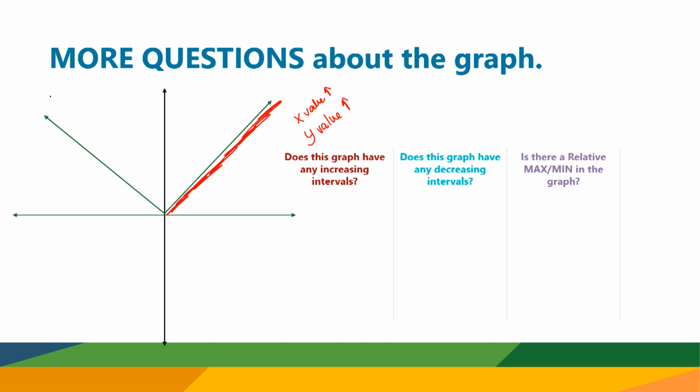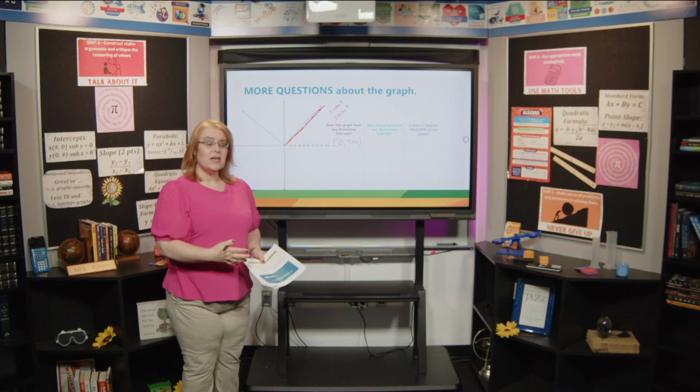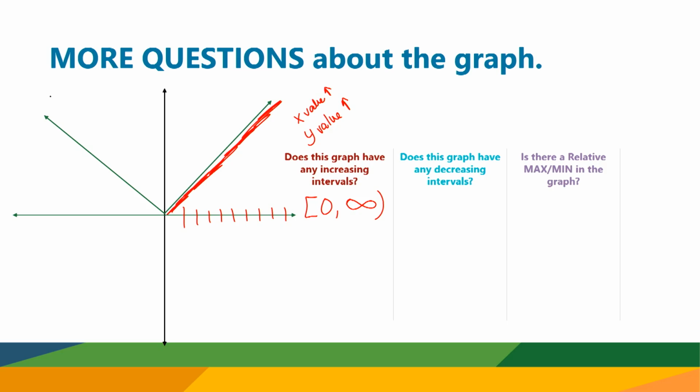So how could I write that? Well, it starts at 0 and it goes where? Where does this stop at? It doesn't. It goes to positive infinity. So I'm using that bracket for 0 because it does equal 0, and then I'm using that parentheses for my concept of infinity. All right, let's look at the next one.